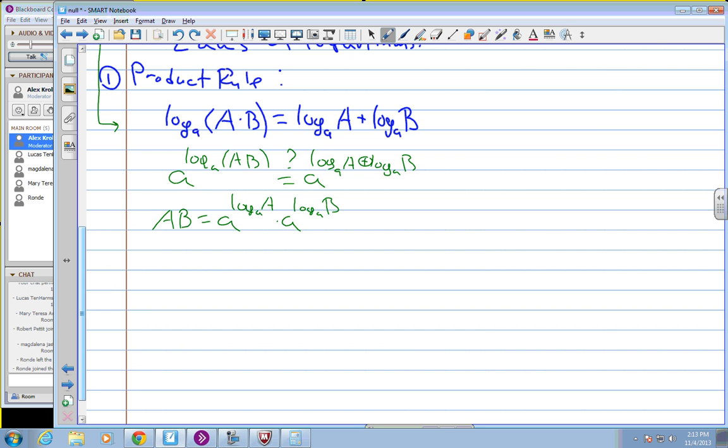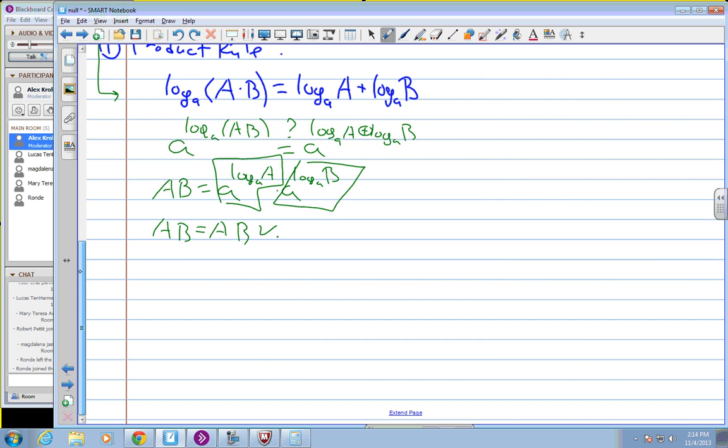Now, what is a to the power log base a of A? A. And a raised to the power log base a of B is B. So AB equals AB, right? So it's a way to see that, okay? The same thing works with division. We have the quotient rule.